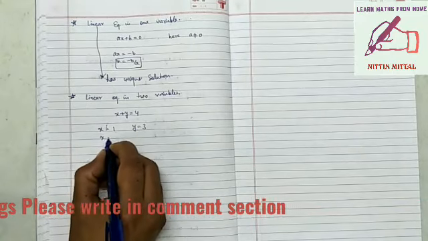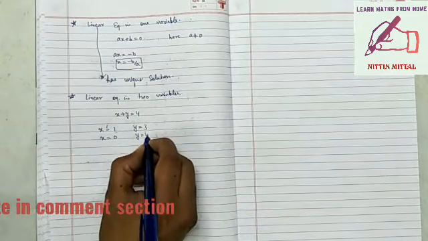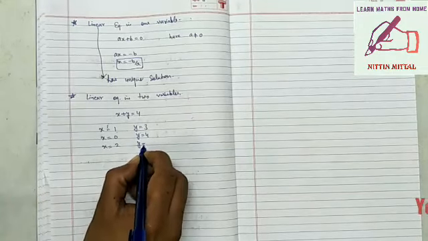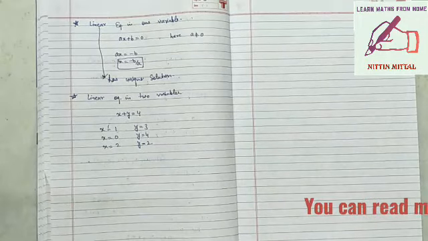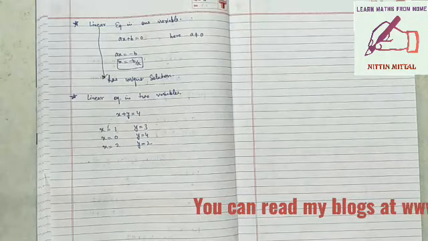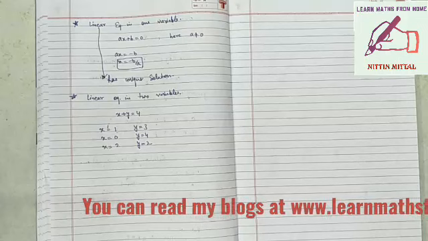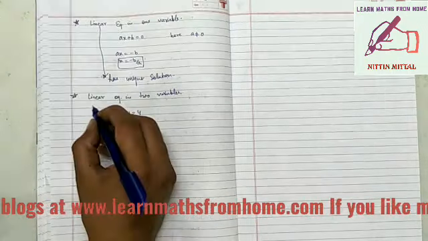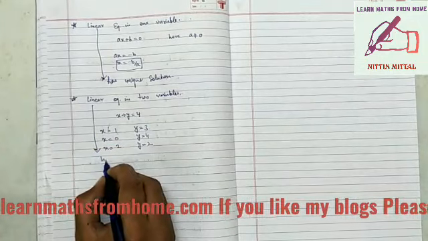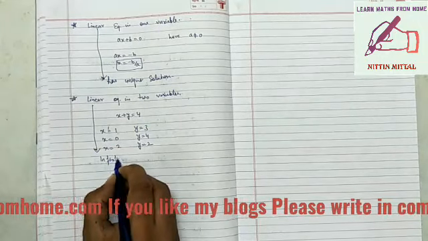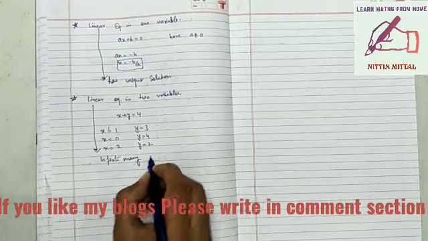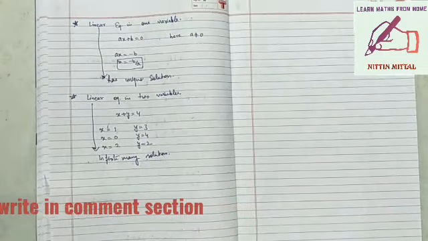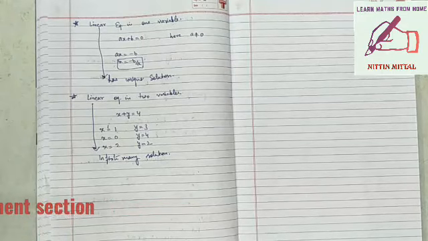If I put x equal to 0, y will be equal to 4. If I put x equal to 2, y will be equal to 2. And so on. You can keep on finding. So a linear equation in two variables has infinitely many solutions, right?